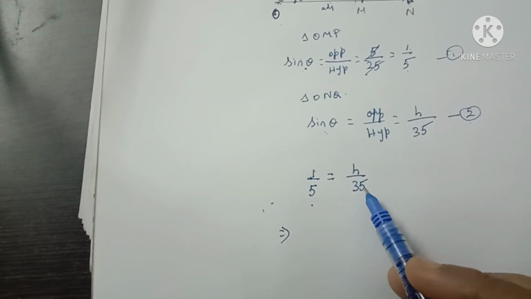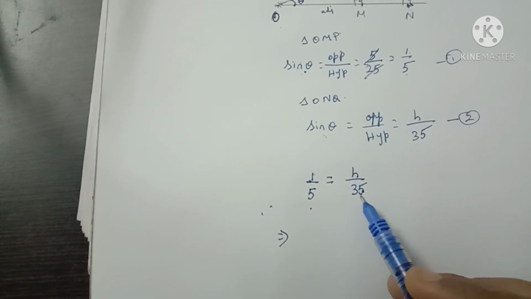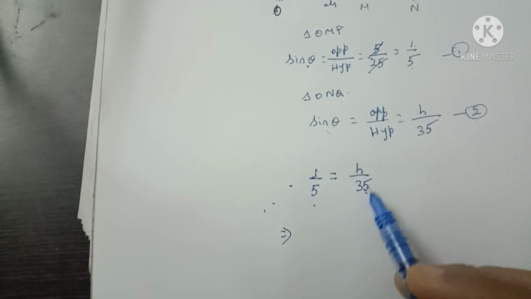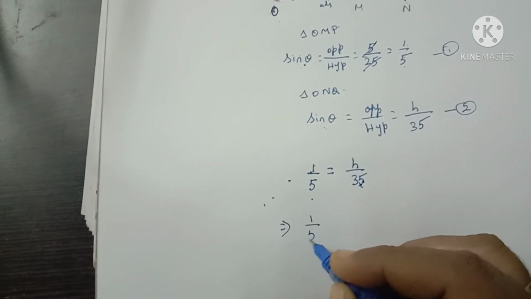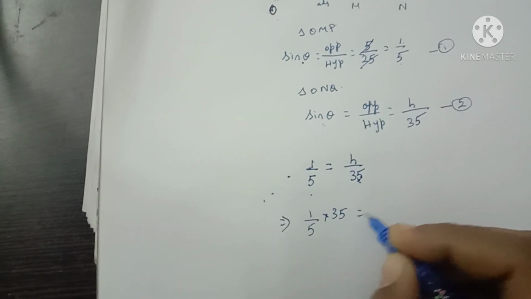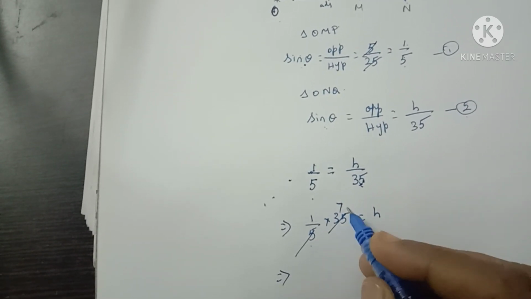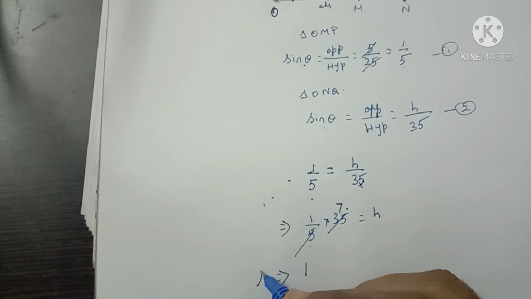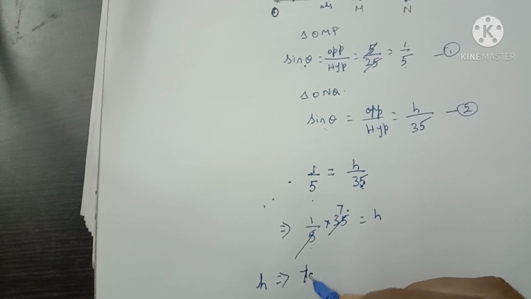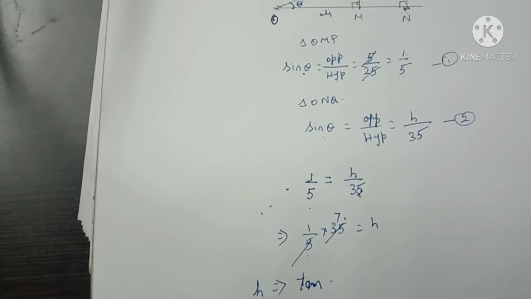We need only the h value. If you take this 35 to your left hand side, division means multiplication. 5 table, 5 ones are, 5 sevens are, therefore h is equal to 7 meter.